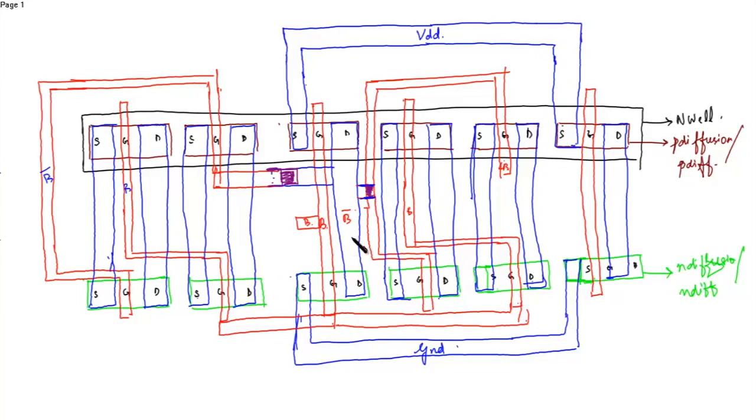Okay, now after connecting the gates, next you have to connect the source and the drain. This is A and this is A bar. This is connected to ground. This is connected to A bar.